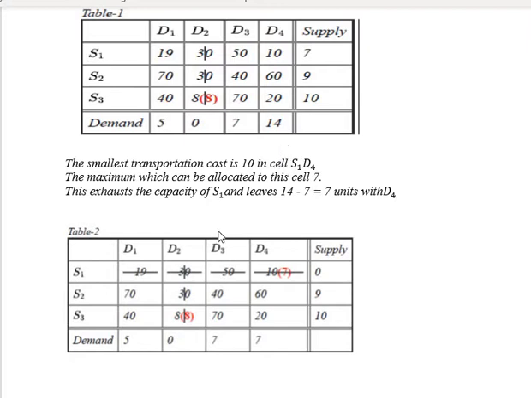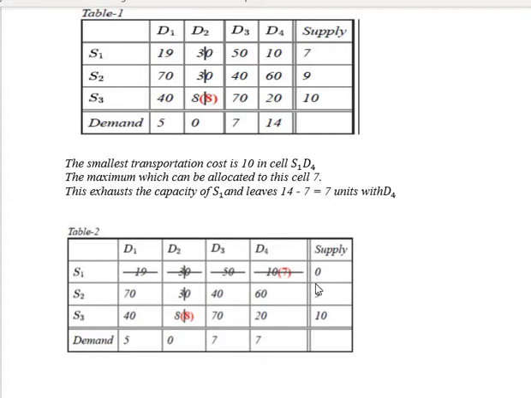Then we can form the next table, table 2. So the rim values corresponding to S1 is 0 and corresponding to D4 is 7, and we can strike out the row corresponding to S1.